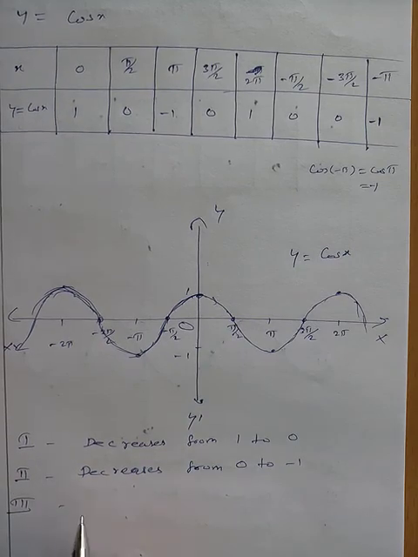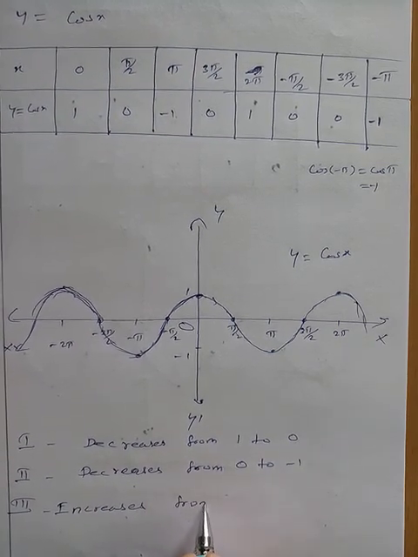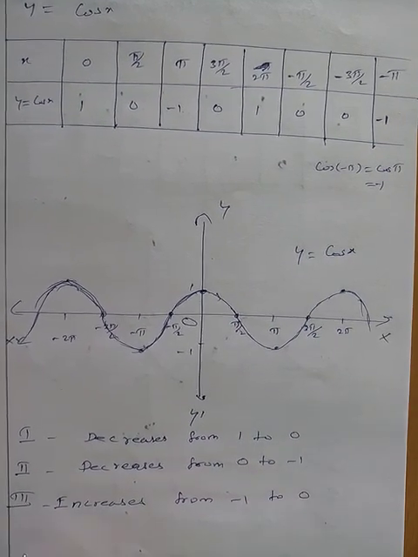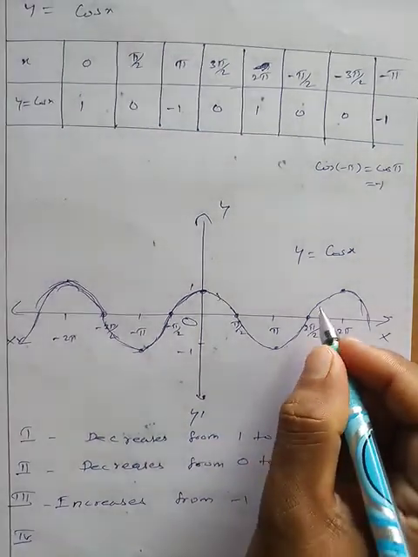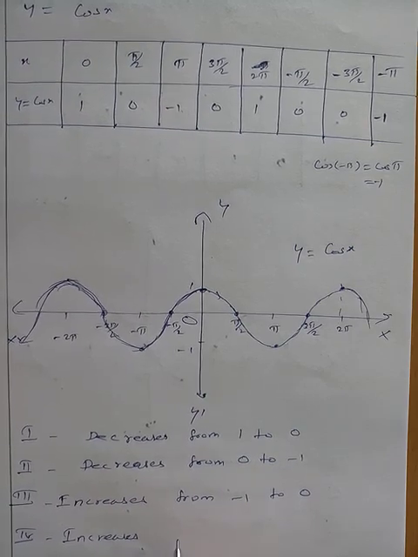Third quadrant, increases from minus 1 to 0. Then fourth quadrant, this increases from 0 to 1.